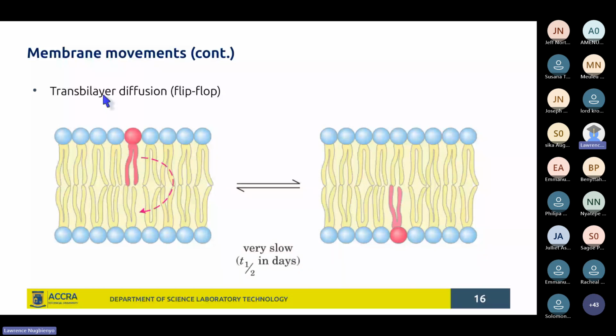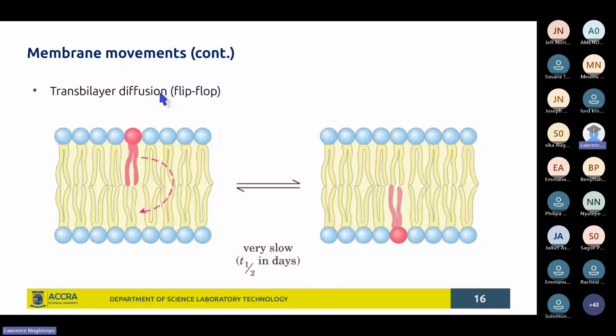Transbilayer means that the movement of the lipid is from one of the monolayers to the other monolayer. So it's transbilayer. It's diffusion, in the sense that it's uncatalyzed. There's no use of energy. There's no participation of an enzyme in here. And this movement is referred to as flip-flop.